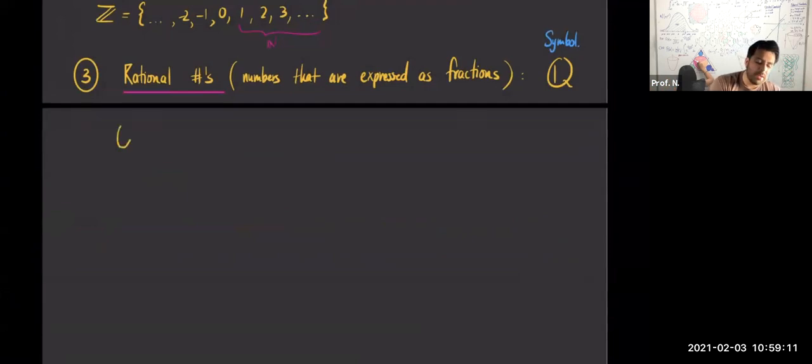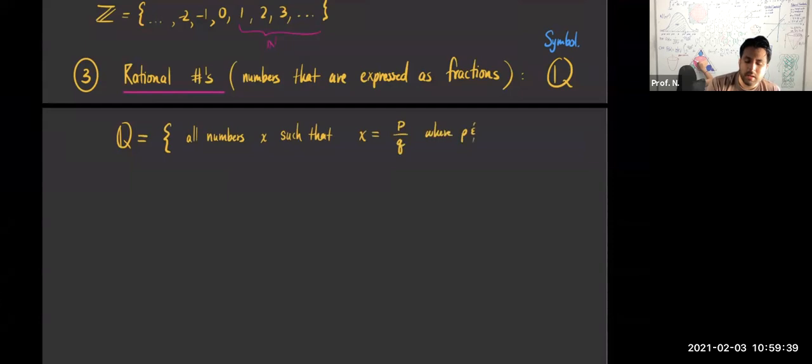Well, I'm going to write it this way. So the set of rational numbers are all numbers that can be written as a fraction. And how is that possible? So they're all numbers, I'm going to call numbers x, all numbers x such that x is equal to p over q, where p and q are integers.